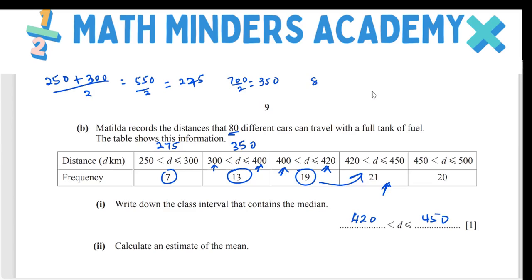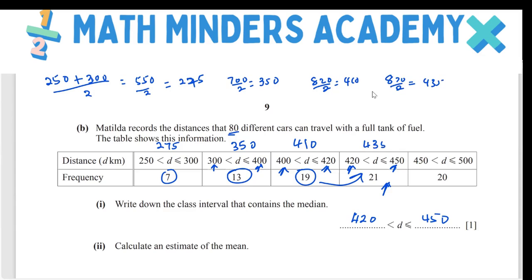So this is 410. Here, add 420 and 450. That is going to give us 870. If you divide by 2, that will give us 435.